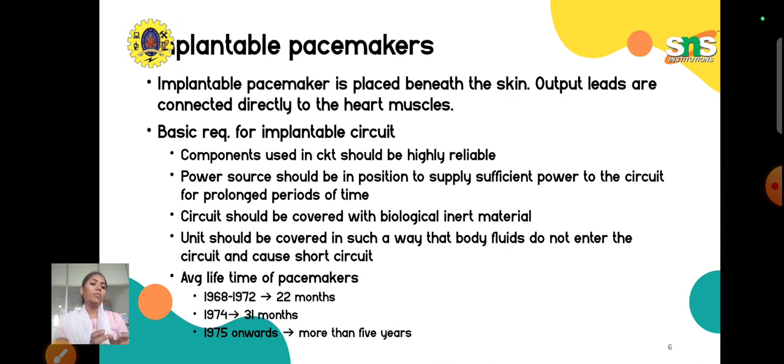But they developed it only with a limited battery life of 22 months. Later they worked on it, and in 1974 they modified the battery source and gave a period of 31 months. And from 1975 onwards they continued to work especially on battery life, and they have increased it to more than 5 years.